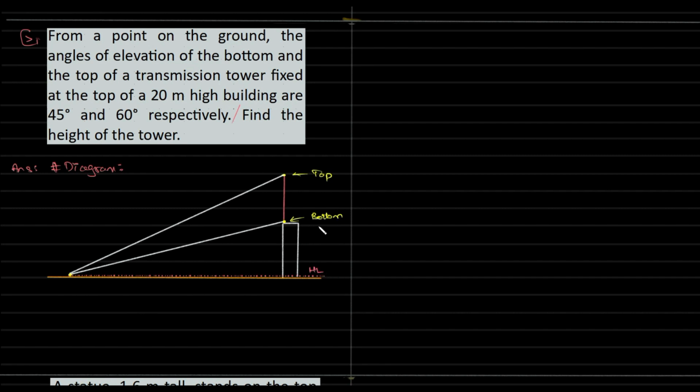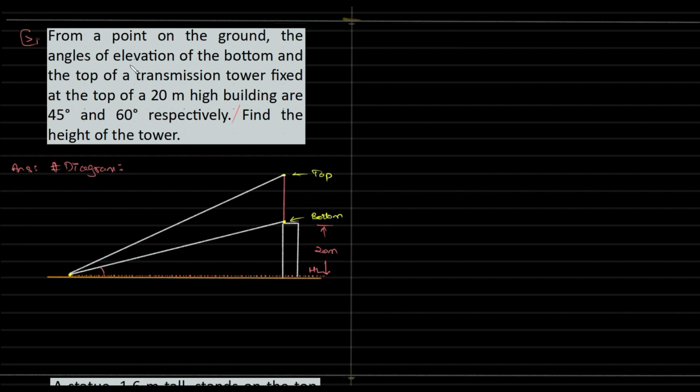So this is the 20 meter high building. Okay, and let's see what else is given. Angles, very important. So people who have got this diagram, very good. Next thing is, where should this 45 and 60 degrees be?